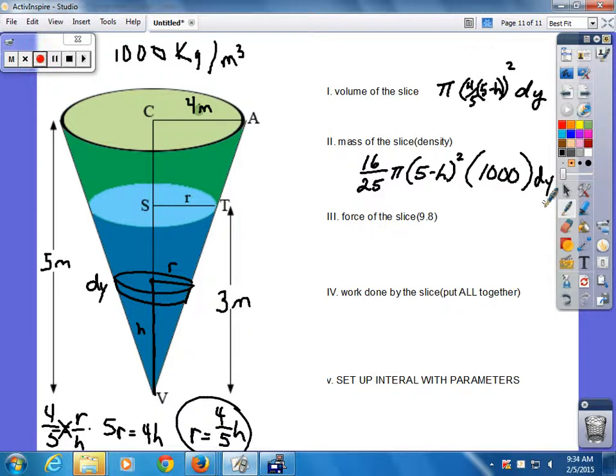And then what do we do with the force? We do that here and here. Pull this out here. So that's going to be 9.8 times 1,000 times 16 pi over 25 times (5 minus H) quantity squared, dy.